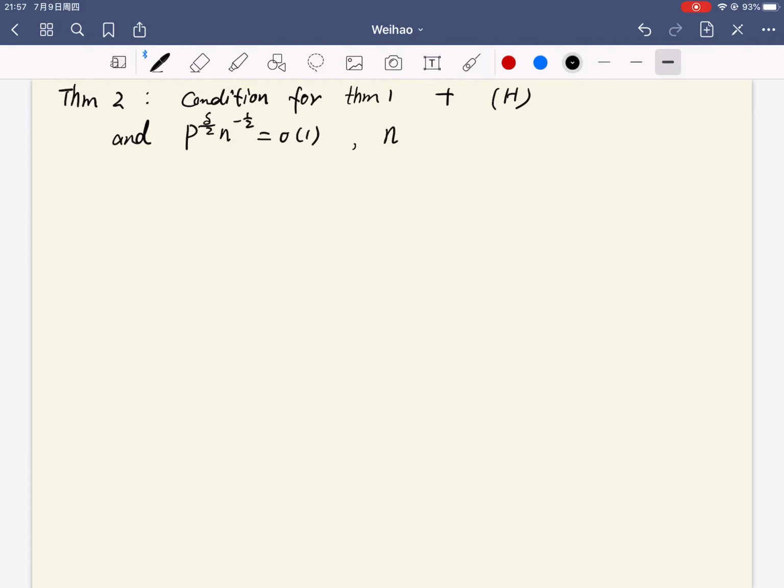And the dimension is larger than the sample size n for this theorem.